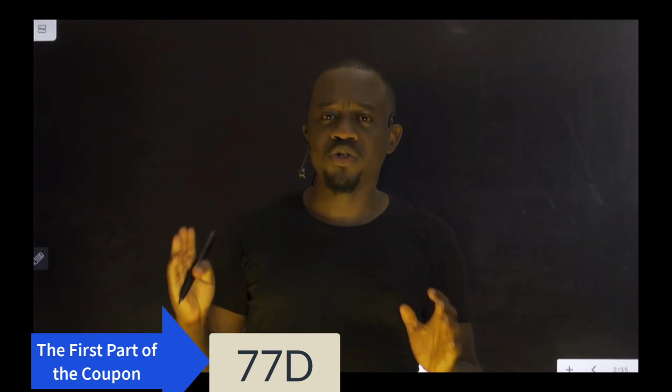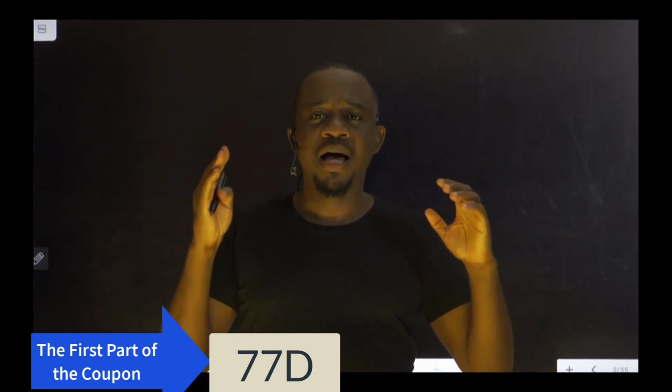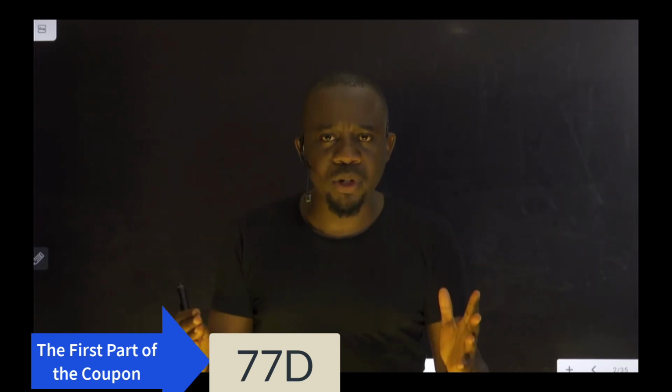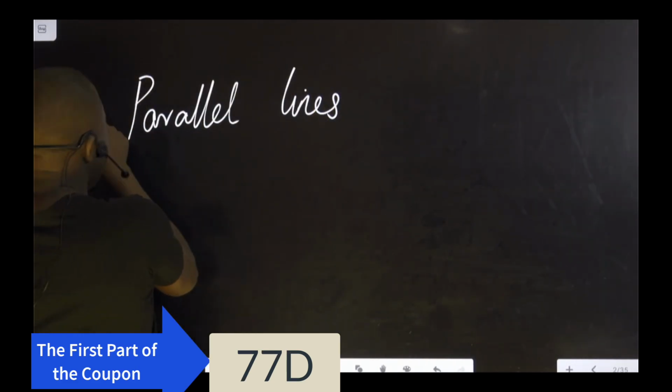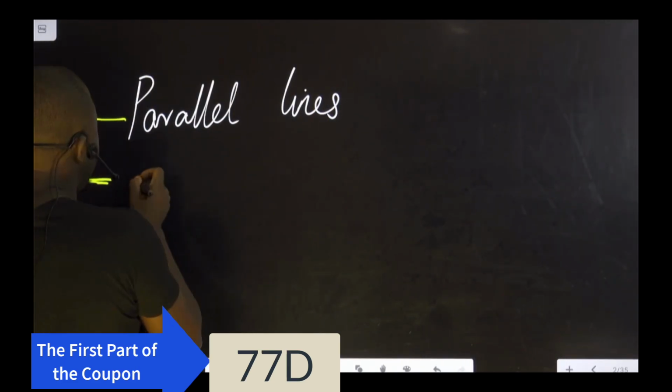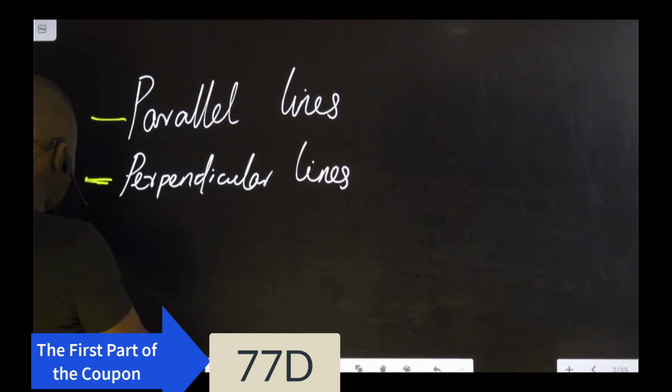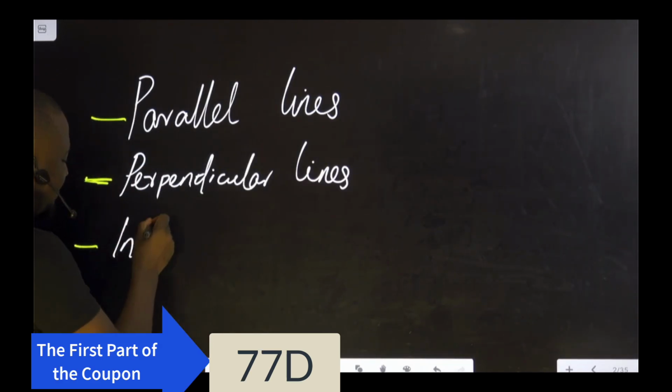The next thing I want us to understand as a form of revision for many people that will take this course are parallel lines. The next is the perpendicular lines. Next is intersecting lines.